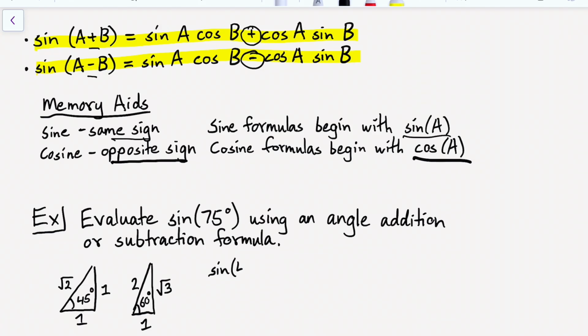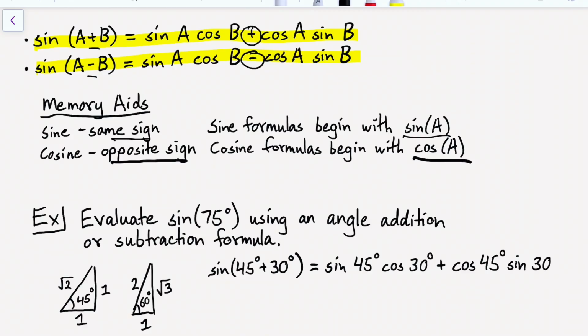I could say sine of 75 degrees is the same as sine of 45 degrees plus 30 degrees. And I can apply my angle addition formula. This is equal to sine of 45 cosine of 30 plus cosine of 45 sine of 30.